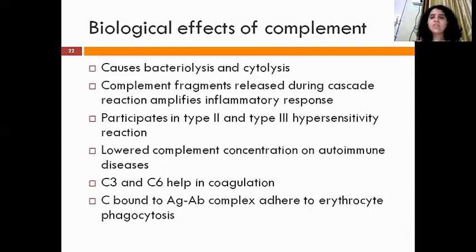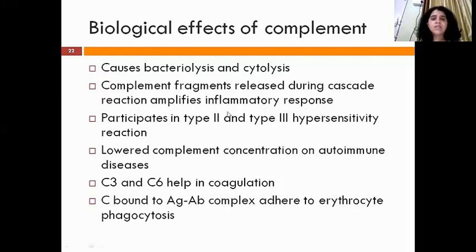Now, what are the biological effects of the complement system? It is responsible for bacteriolysis and cytolysis, so cell death and bacterial death. It is released during the cascade reaction. It amplifies the inflammatory response, because we have seen that C3a and C5a are responsible for inflammation.